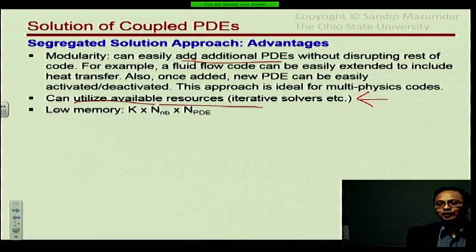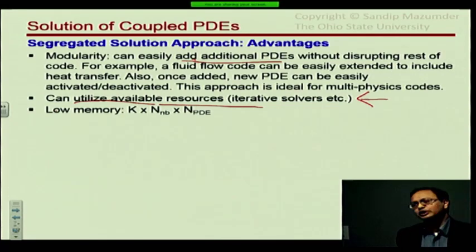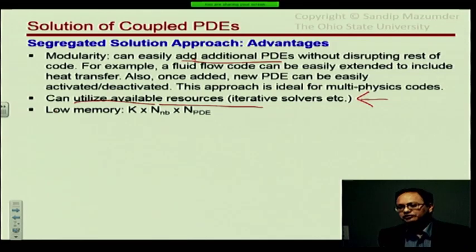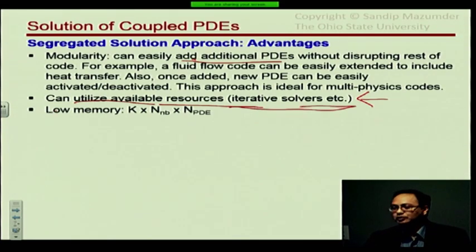People have developed these very sophisticated linear algebraic equation solvers over the last 30, 40 years that you get off the shelf now. You go to a DOE site, and they have these libraries called PETSc. PETSc has all kinds of linear solvers and preconditioners. If we now say no, we can't use them, then it's all wasted. So this is ideal for that. You can just use those off-the-shelf solvers.